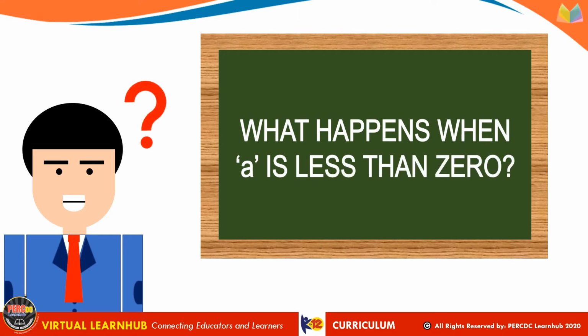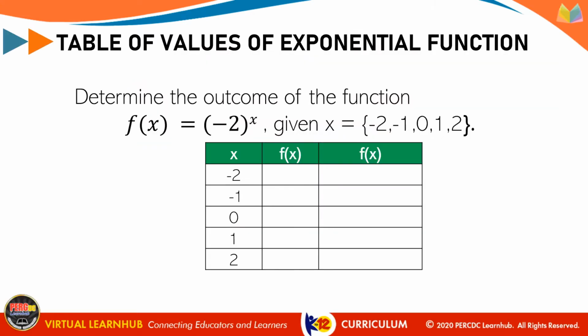Now let's see what happens when a is less than 0. So in this example, determine the outcome of the function f of x equals negative 2 raised to x, given that x is a set that contains negative 2, negative 1, 0, 1, and 2. So here, we can see that our base is negative 2.